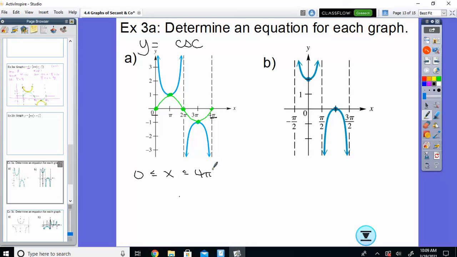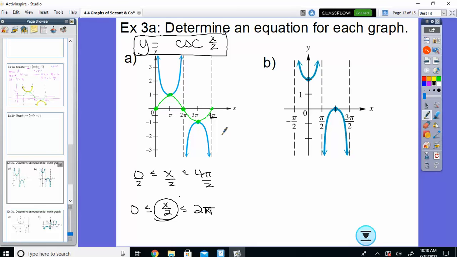What would I have to do to turn this into a 2 pi? So 0 less than or equal to x over 2 less than or equal to 2 pi. So x over 2 is my angle, or 1/2 x. So this first one is y equals the cosecant of x over 2.